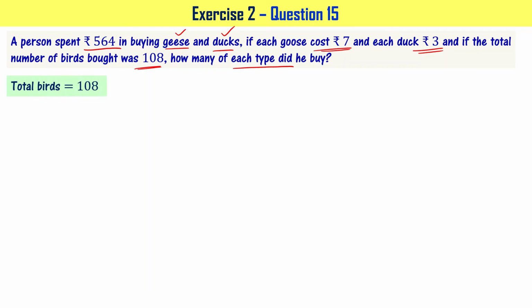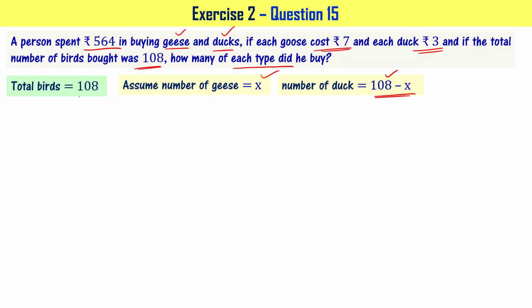Total number of birds is 108 given, right? Now let me assume that X number of geese he bought. It means the number of ducks he bought is going to be 108 minus X, right? When you add this and this, you get 108, right? The total money spent is 564 rupees, it is given.